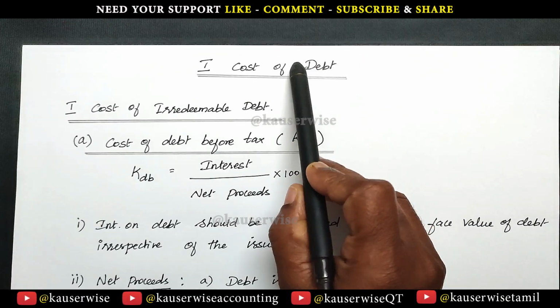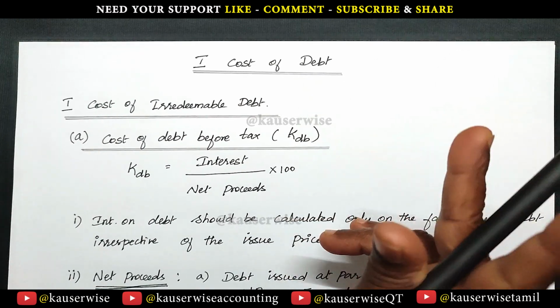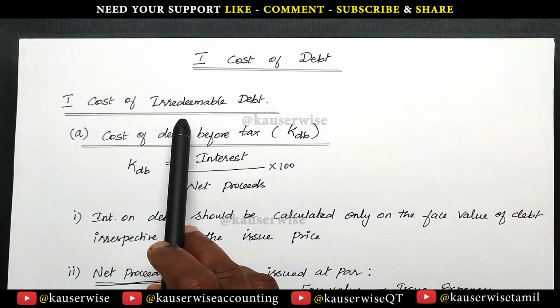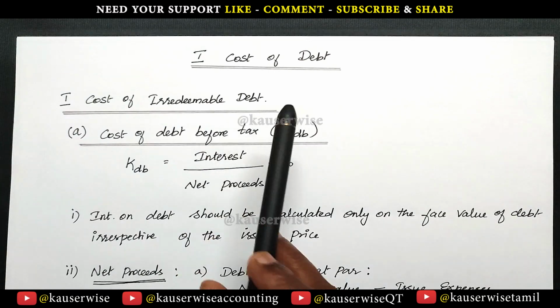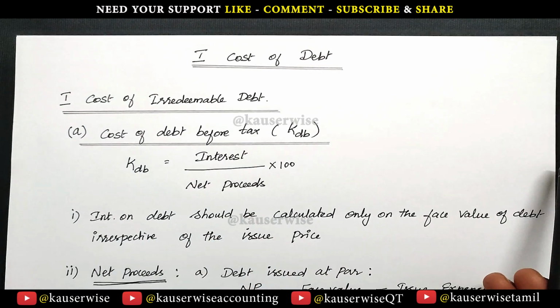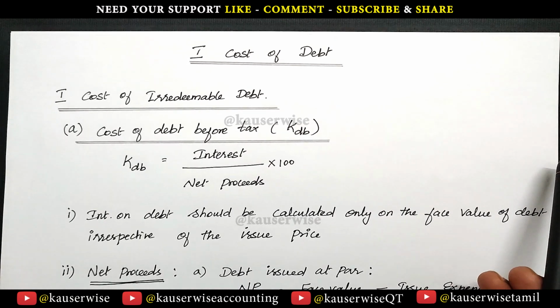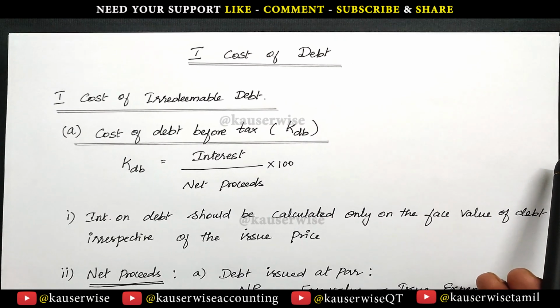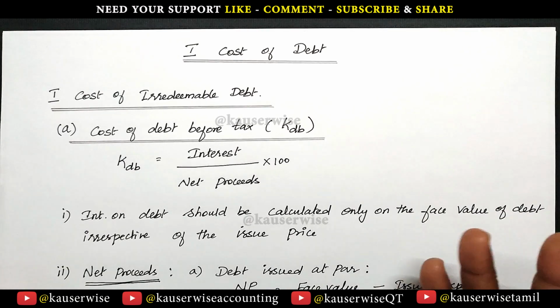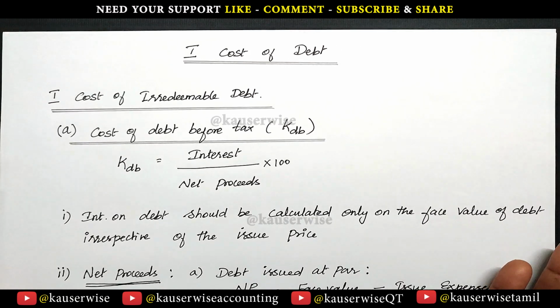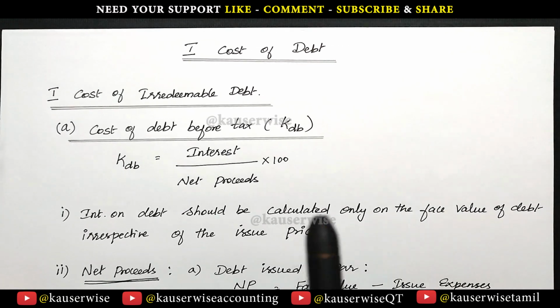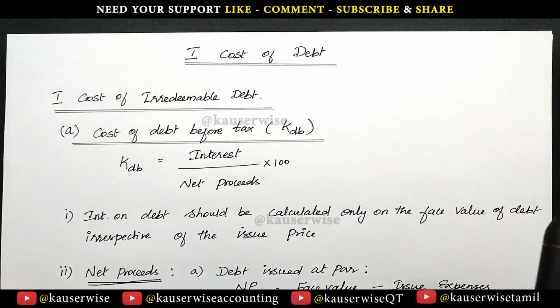Generally debt can be classified into two different categories. Number one is irredeemable debt, the next one is redeemable debt. Irredeemable debt means debt which is not redeemable during the life of the firm. Redeemable debt refers to the debt which is repayable after a stipulated period of time.